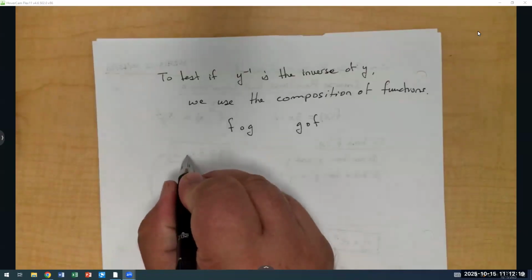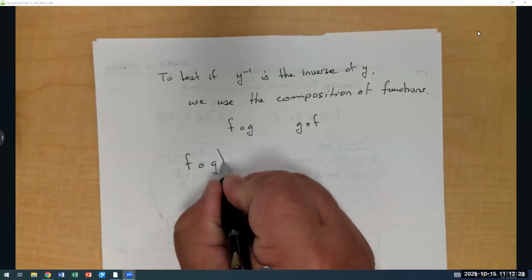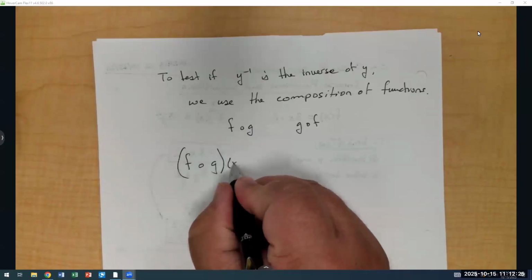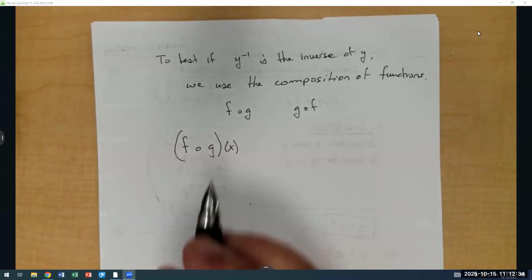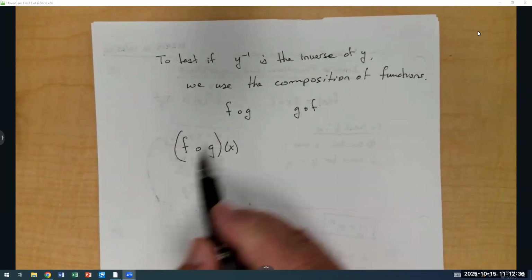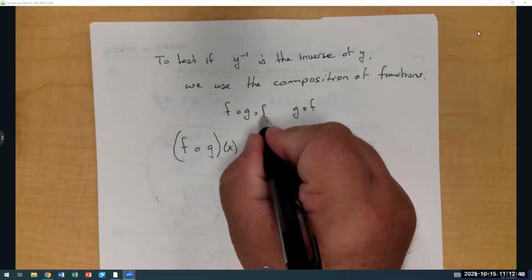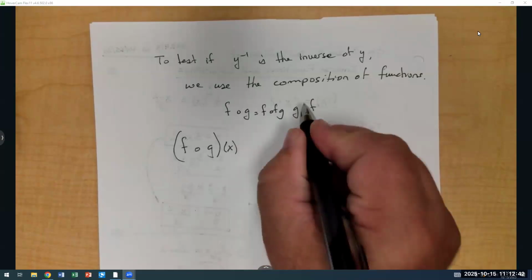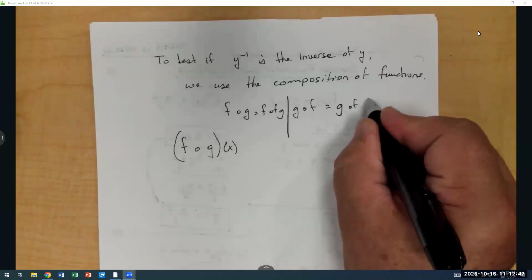A composition, the reason they call it f of g, because these are two functions taken, not multiplied, it's one inside the other. The way this is read, it says f of g. g of f is g of f.